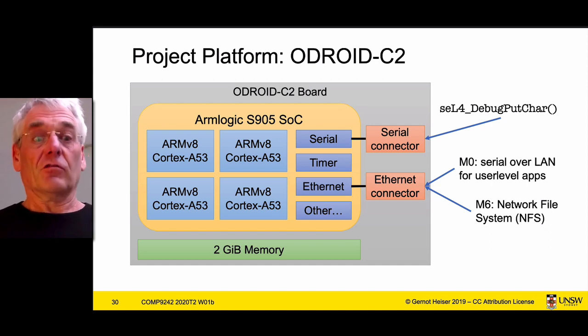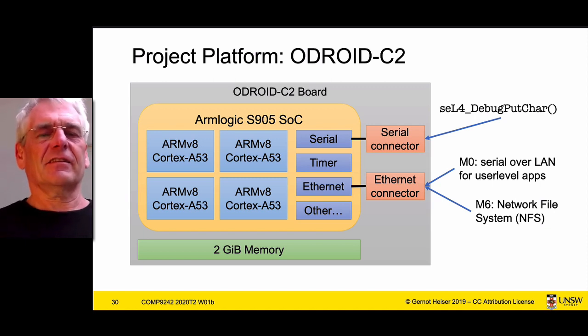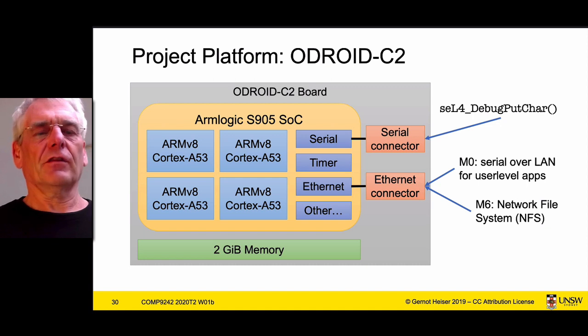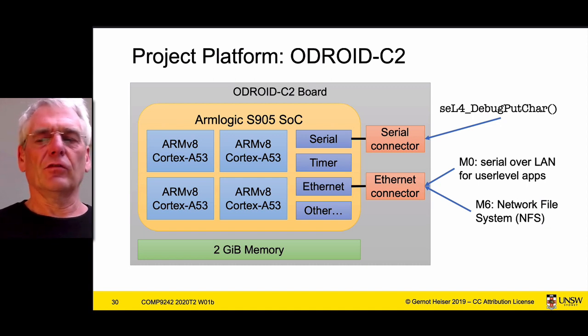The kernel has drivers for those two. The serial driver it only has if it's compiled for debugging, and a timer driver it obviously needs. All the other drivers are completely at user level, and there is nothing in the kernel for dealing with them.